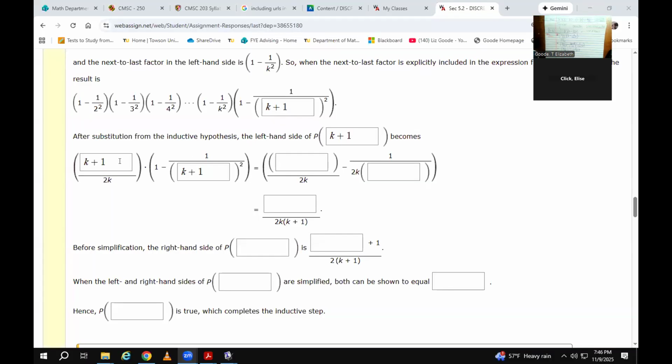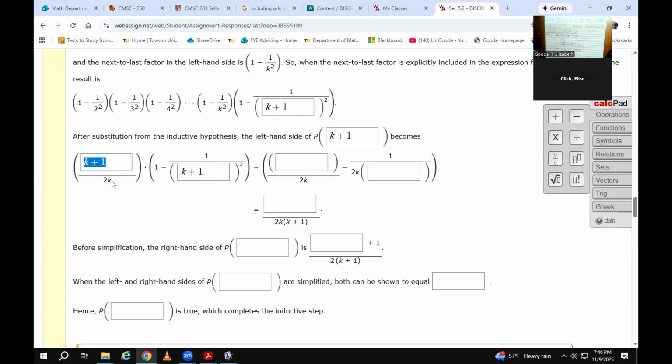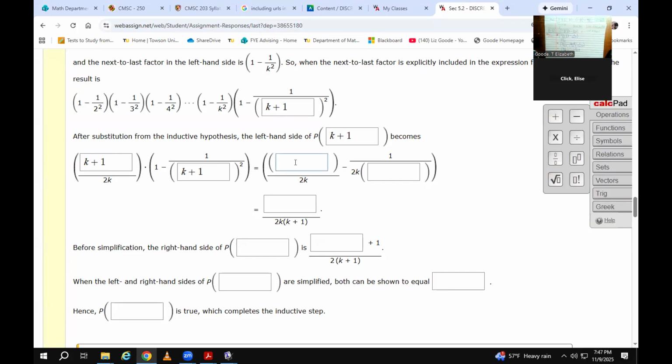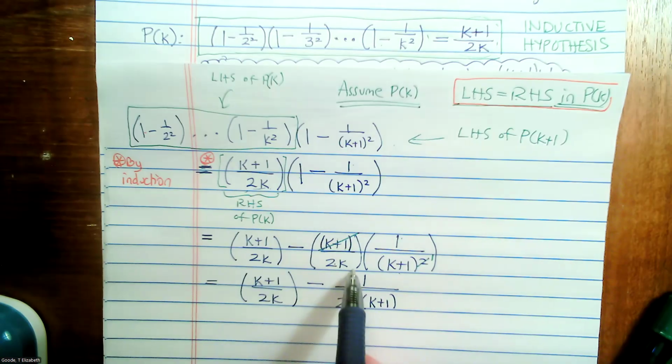Okay, so they multiply the k plus 1 over 2k, which is right here, times the 1 to get k plus 1 over 2k. Minus, yep, they did it, 1 over 2k times, well, if you can't remember what we got, 1 over 2k times that other copy of k plus 1.